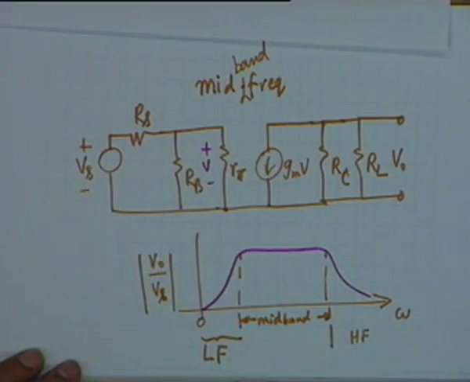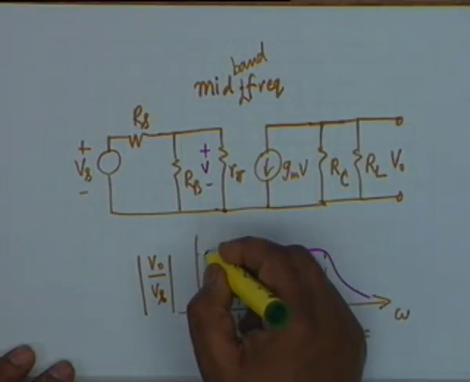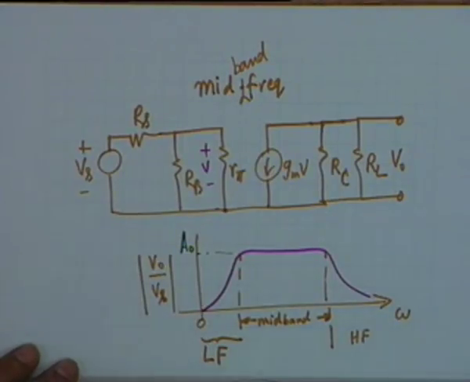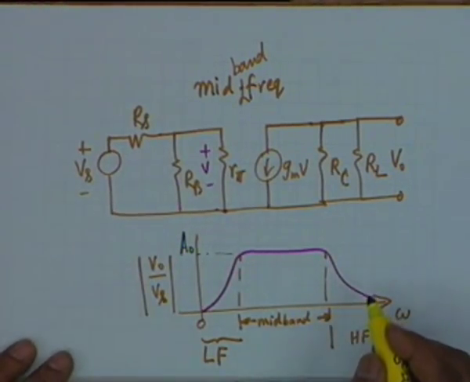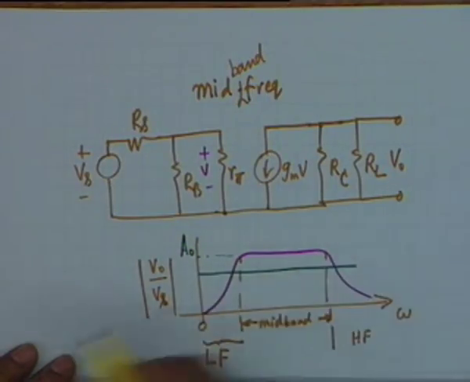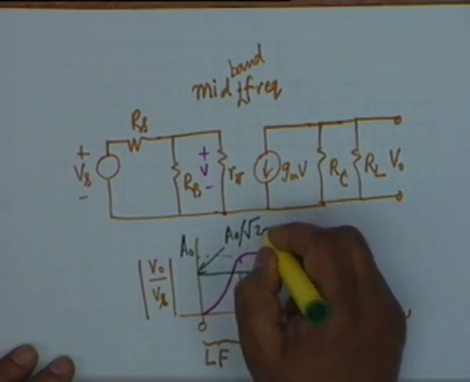In such a characteristic, not only the mid band gain is important, which we shall denote by A0, but also the two frequencies at which the gain falls below the mid band value by 1 by root 2, that is, to A0 by root 2.